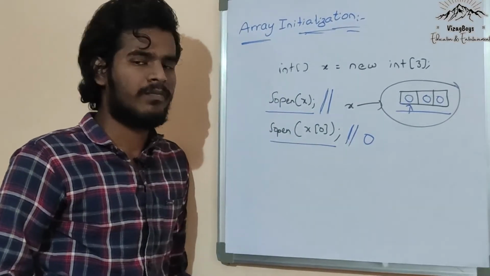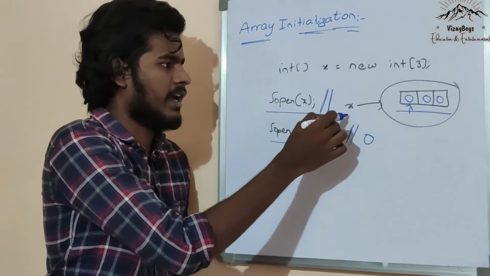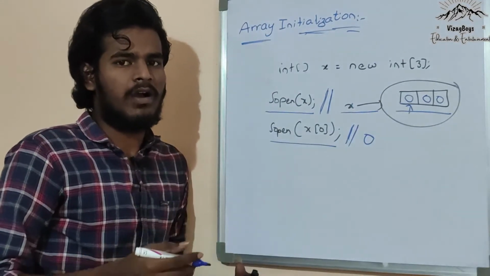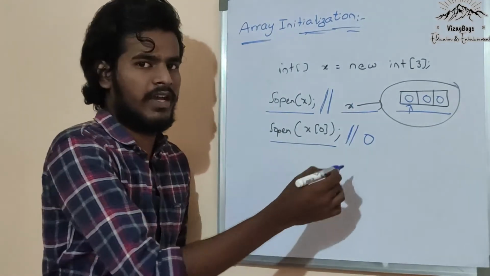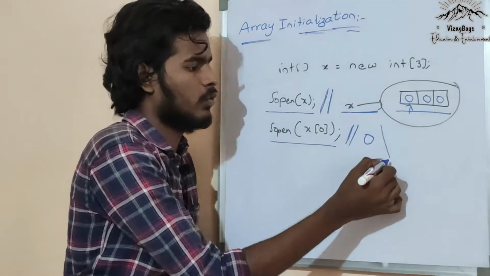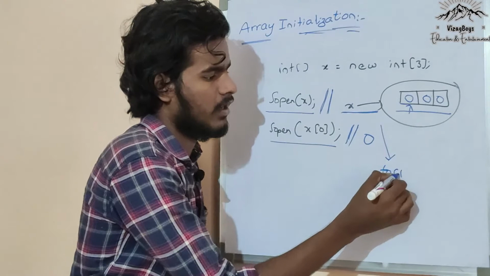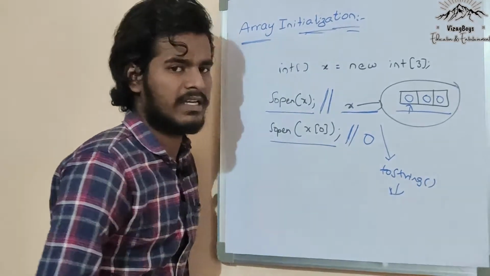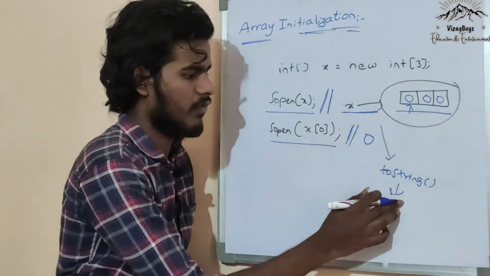What is the corresponding output of SOP of X? Listen carefully. Whenever we are trying to print a reference variable, internally the toString method will be called, and it prints the corresponding string form.